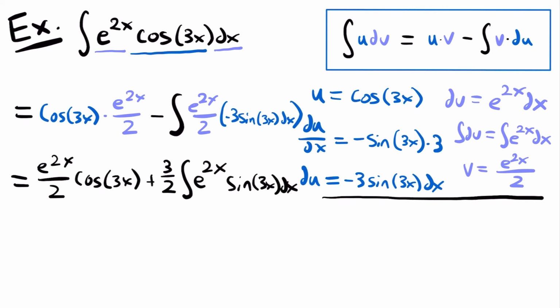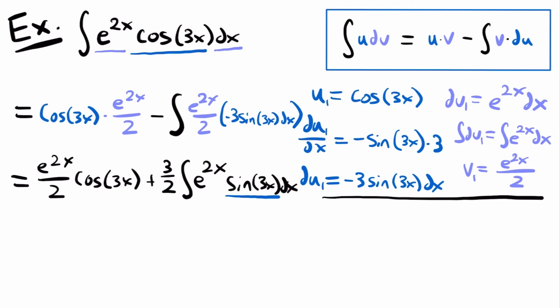And I'm also going to add a subscript like I did in a previous example so that you don't get confused with my new u and my new dv compared to the old ones from the previous integral. So I'm going to say that this is u sub 1 on this side, and then we'll have v sub 1 over here.